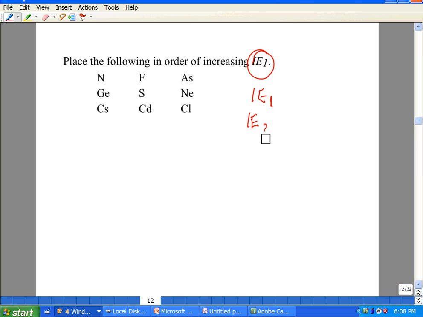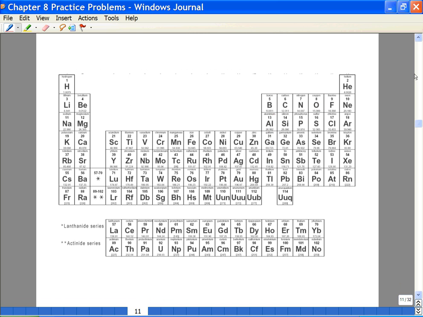So this one asks us to put the following in order of increasing ionization energy. So we know on the periodic table that ionization energy increases in this direction. So let's go to the periodic table and do a couple of these.